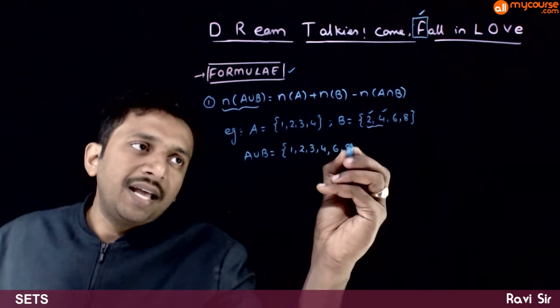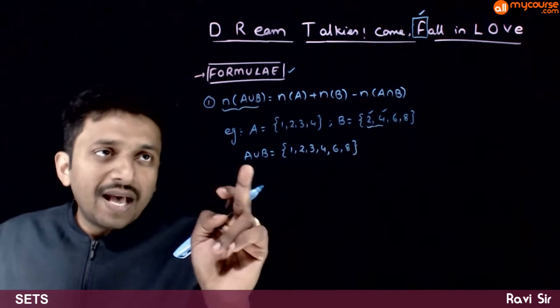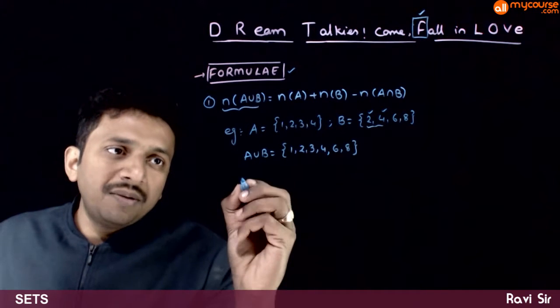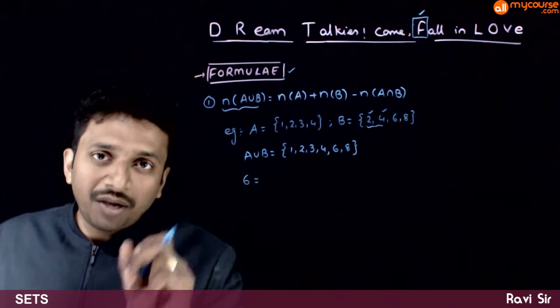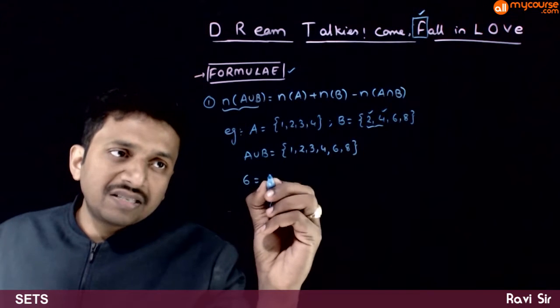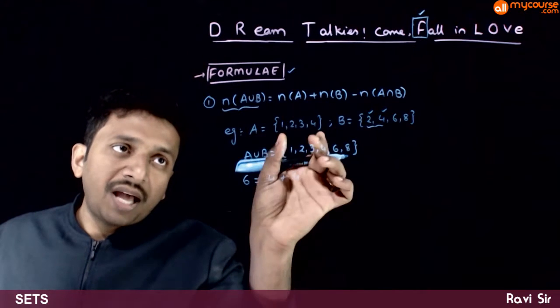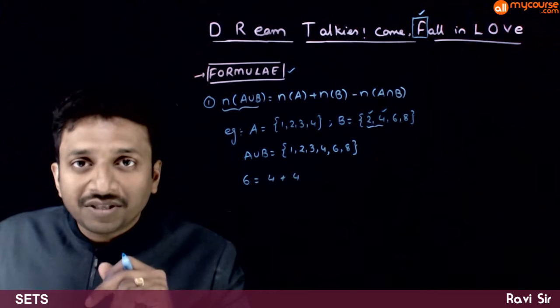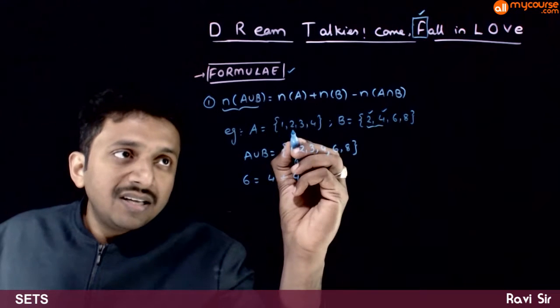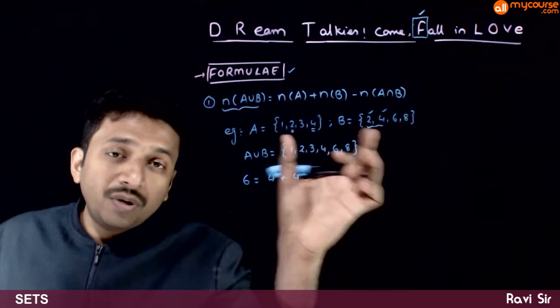So 6 and 8. So as you can see, n of A union B is 6. You have 6 elements in A union B, which is not just 4 plus 4, since n of A is 4 and n of B is 4. If you directly add the number of elements here, you can see that this 2 and 4 are being counted twice.